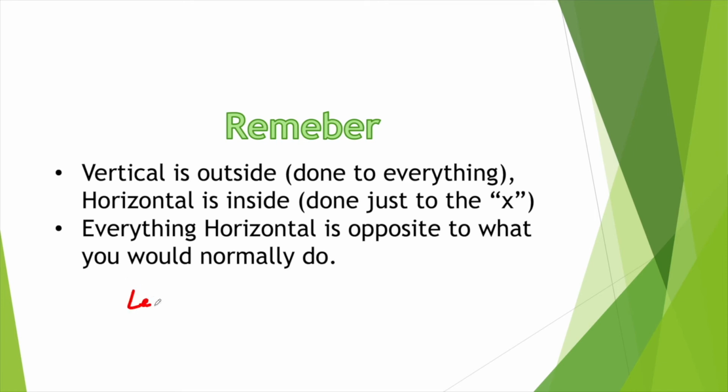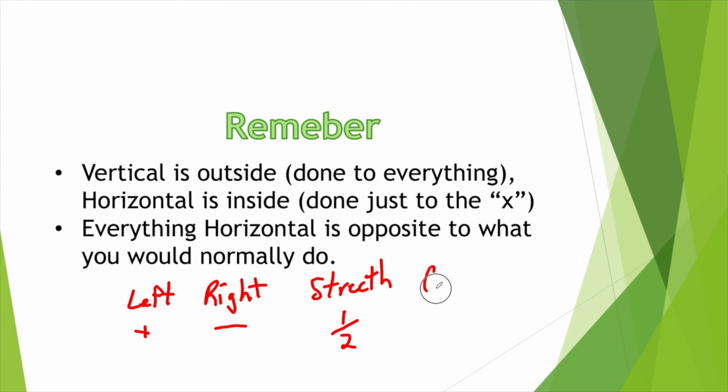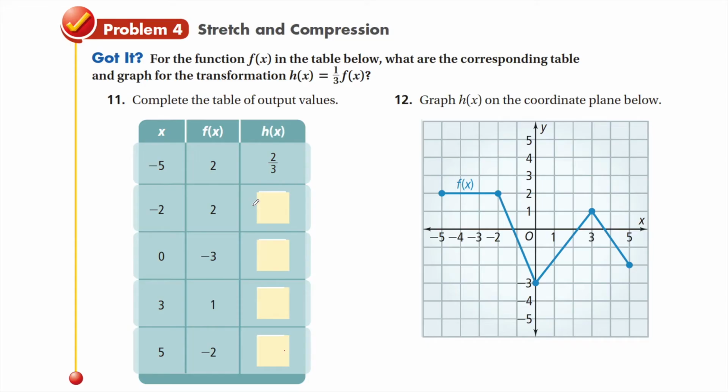Going left is addition. Going right is subtraction. When it comes down to stretch, it's the opposite. It will be 1/2, whereas the compression was 2. Okay? It always seems to be its opposite, backwards from what you normally think.